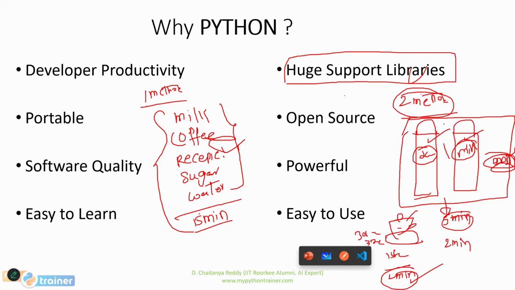This is how ready-made things are available for whatever you want to prepare. In every domain, like data science, data engineering, web applications like full stack, scientific calculations, testing scripts, automations, libraries are readily available.